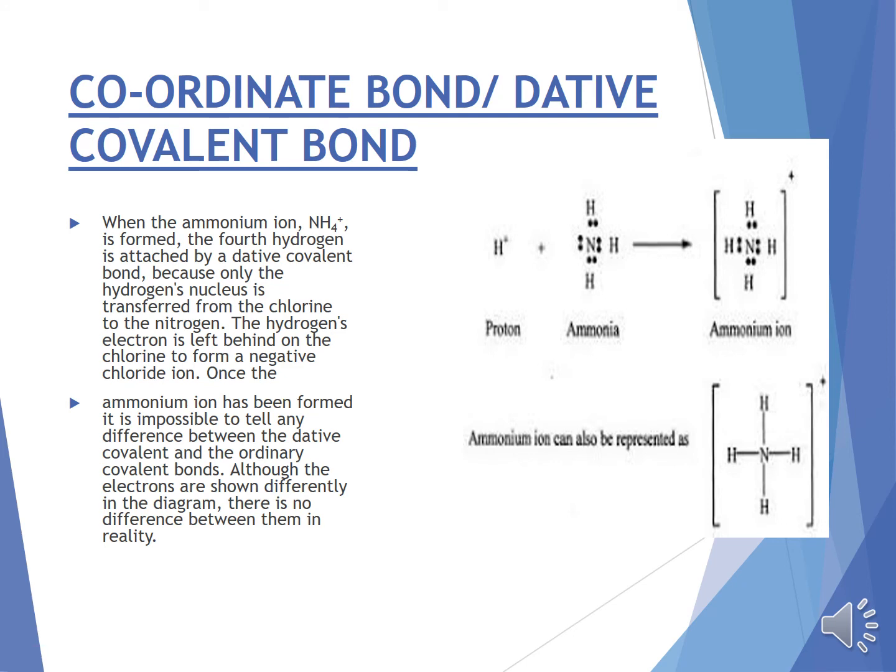When the ammonium ion is formed, the fourth hydrogen is attached by the dative covalent bond because only the hydrogen's nucleus is transferred from the chlorine to the nitrogen. The hydrogen's electron is left behind on the chlorine to form a negative chloride ion.